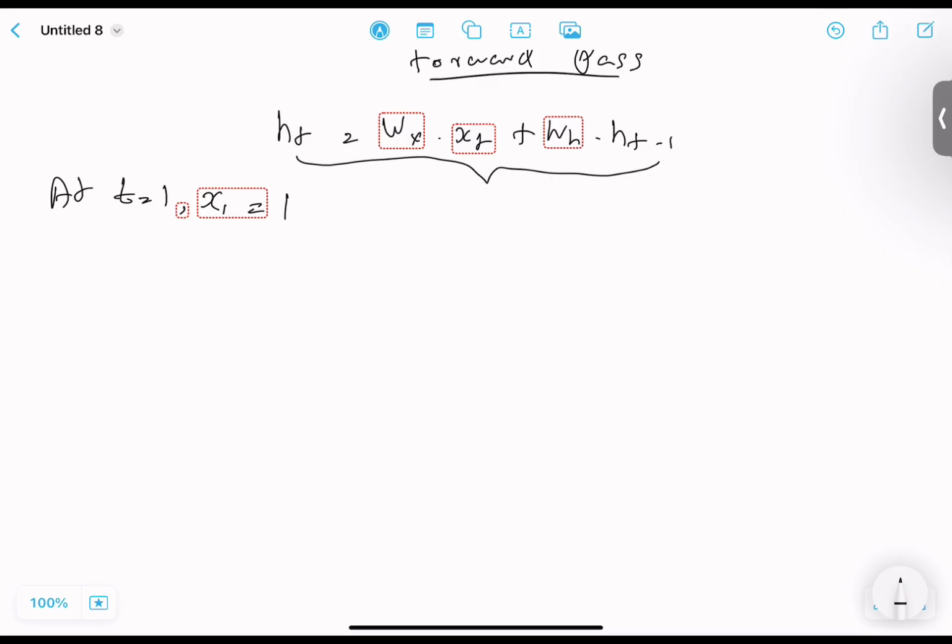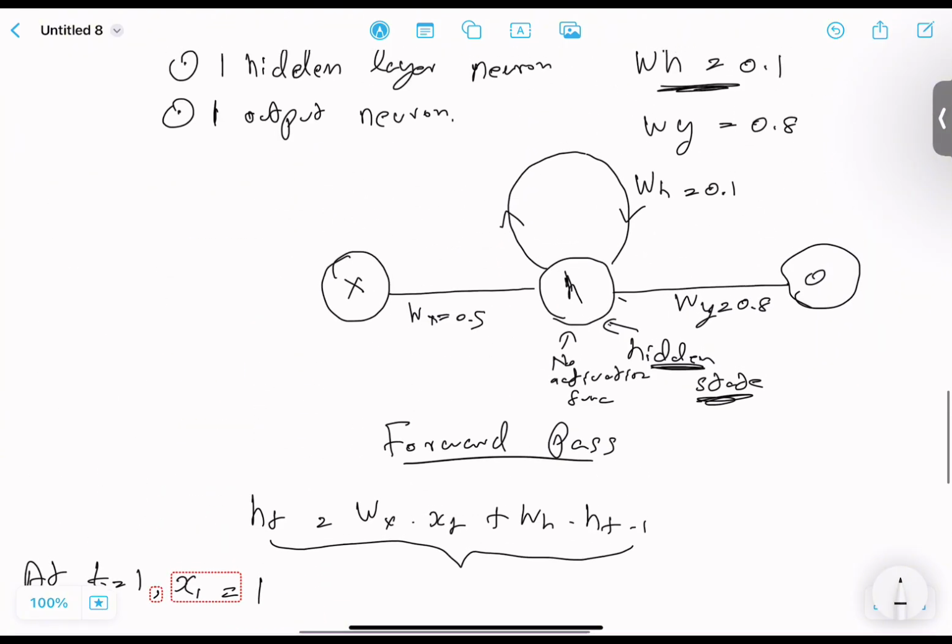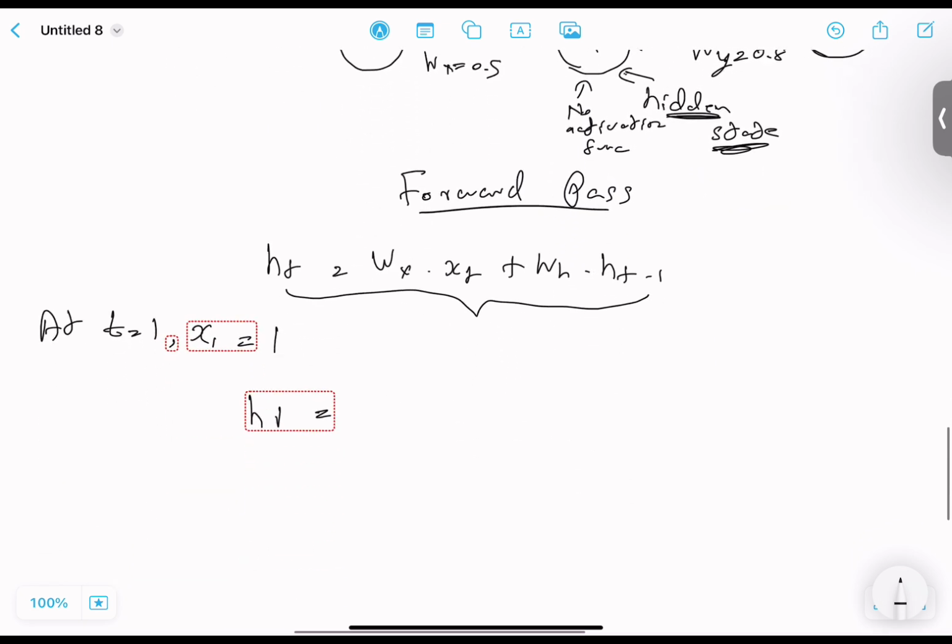So at that time, the hidden state at time step 1 is, as you can see, when an input comes through x, it will first go through this 0.5.